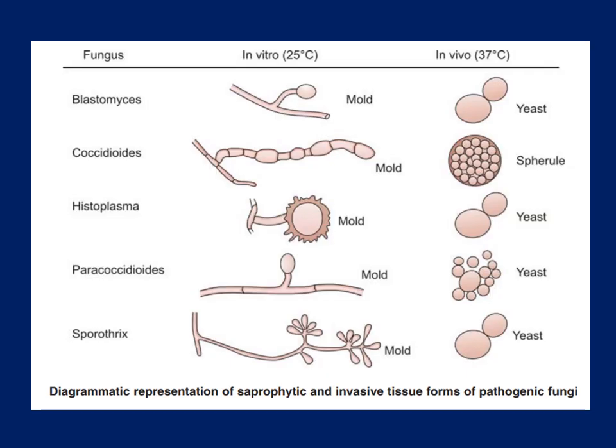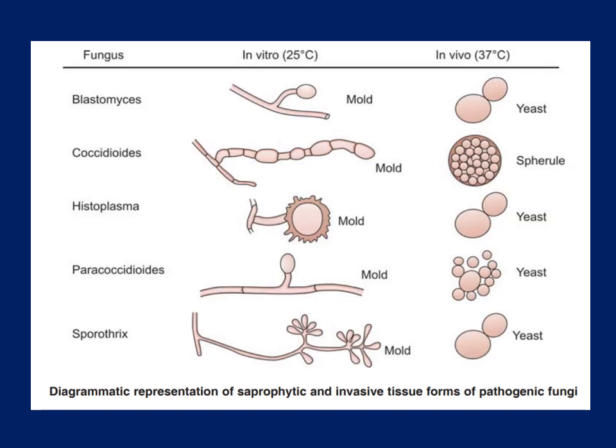You have the Blastomyces. In vitro, they look like typical molds, but in vivo, at 37 degrees, they look like classical yeast. The Coccidioides, also in vitro at 25 degrees, is a mold-like structure with septation. If you look at it in vivo, it's a spherule with multiple small rounded cells inside.